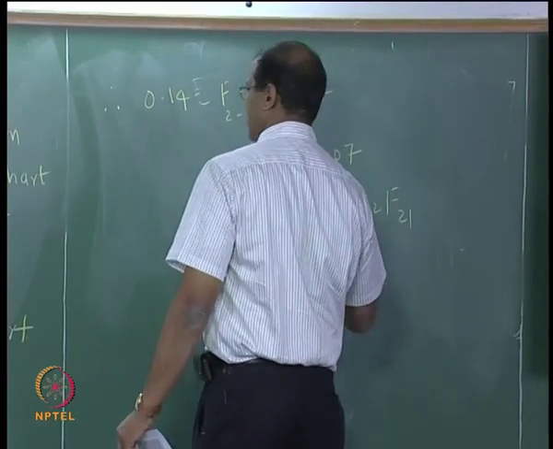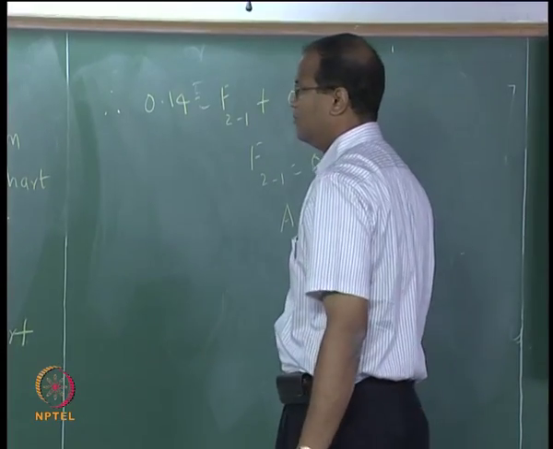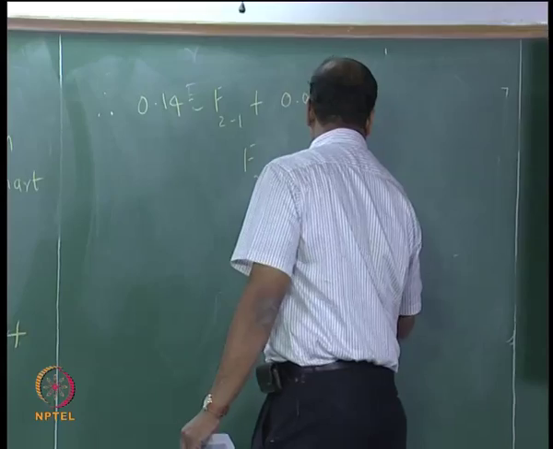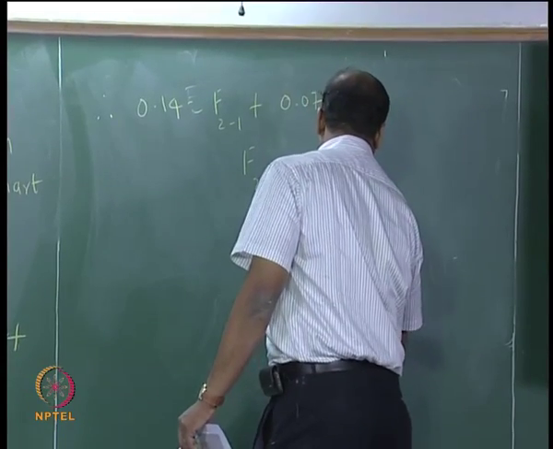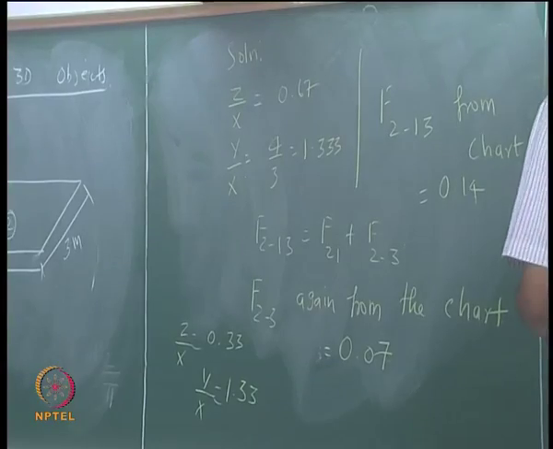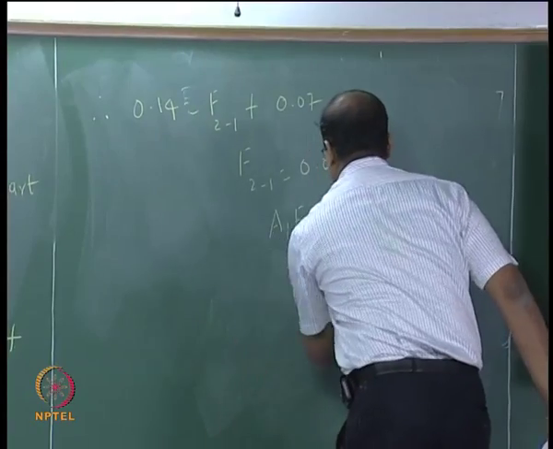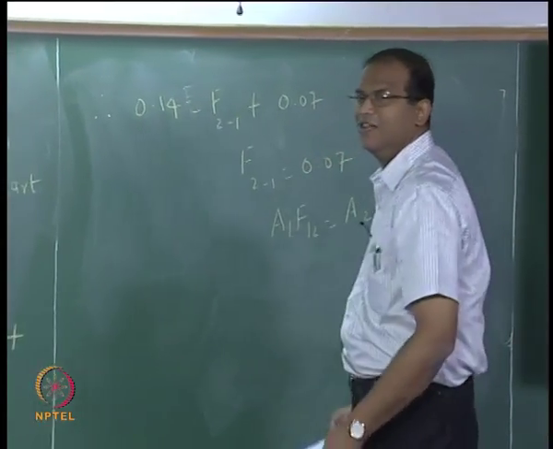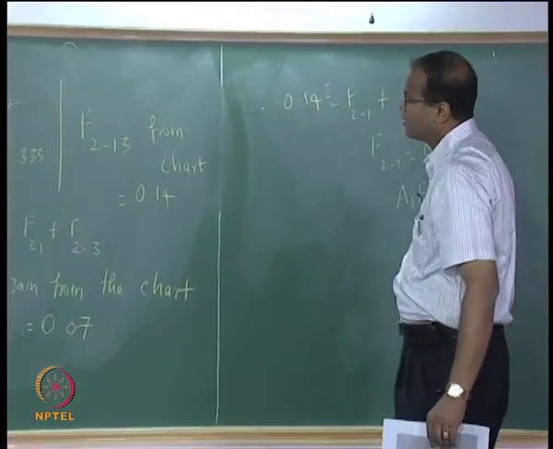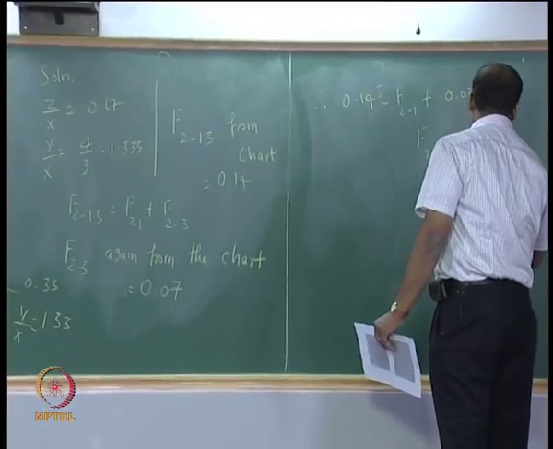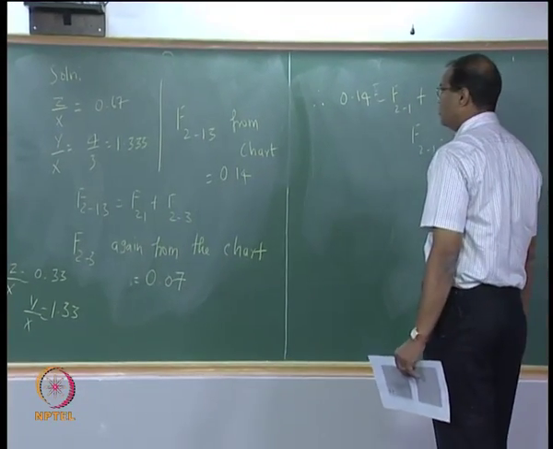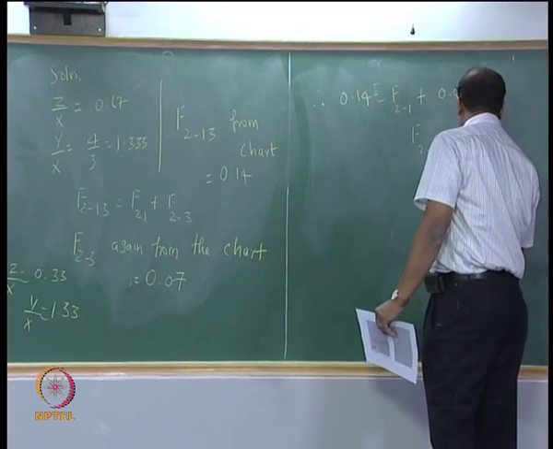What is A2? But they are same, no? Oh, I am sorry. So only 1 and 3 are the same. Okay. What is A1? 3 meter square. A2? 12.